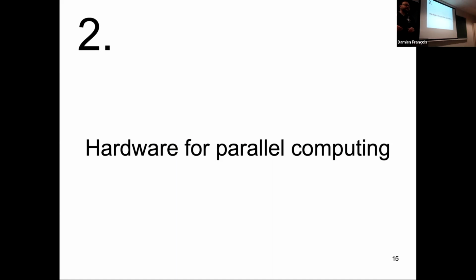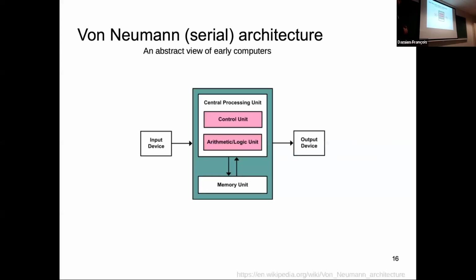But to show what I want to show, I need first to explain what the abstraction behind a computer is. This is called the von Neumann architecture, and basically what you see is that there's a central processing unit. I'm sure you've heard the term CPU before.